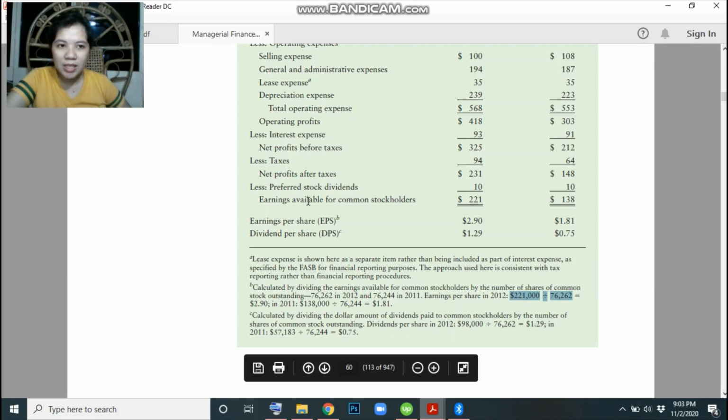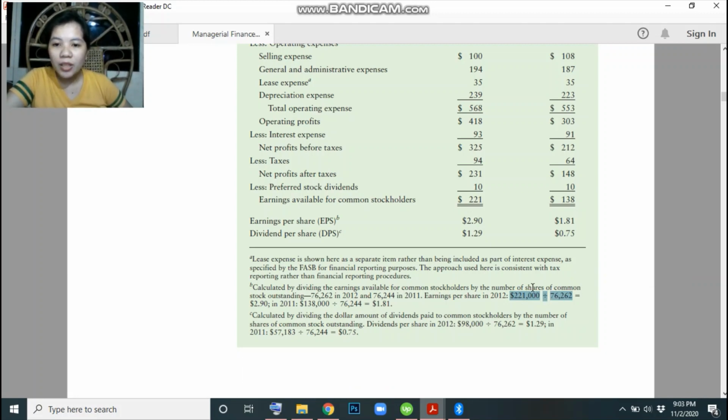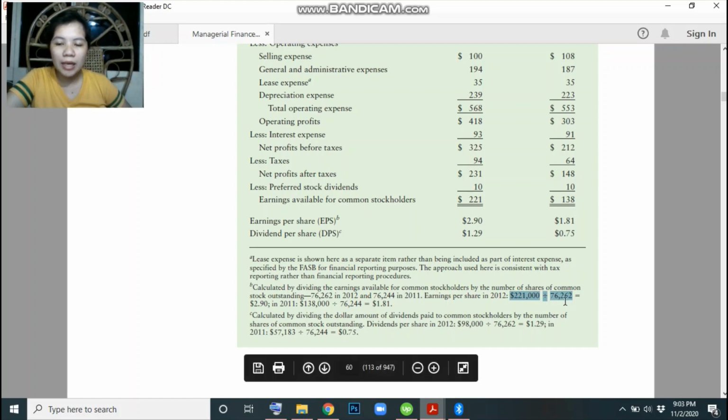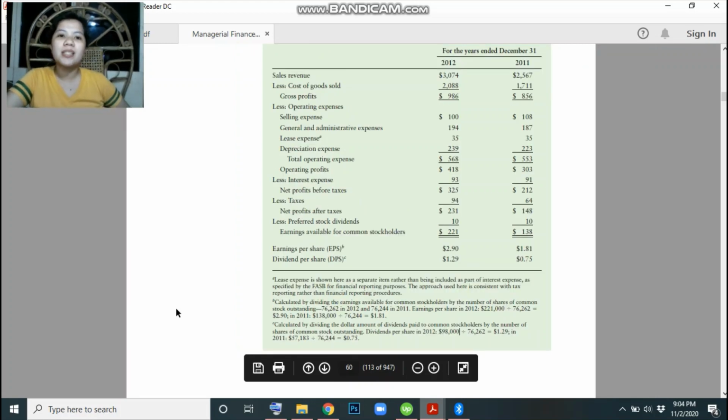That is the earnings available for common stockholders divided by the number of shares of common stock outstanding. Asa man ni makita, you will see this later in the balance sheet. Okay? Sige. Sa dividends per share pod sa 2012, ang i-dividend sa common stockholder is 98. Asa man nagikan ang 98,000, ma'am? Given na siya. Okay? That is information that is given. Okay, so that is the income statement.